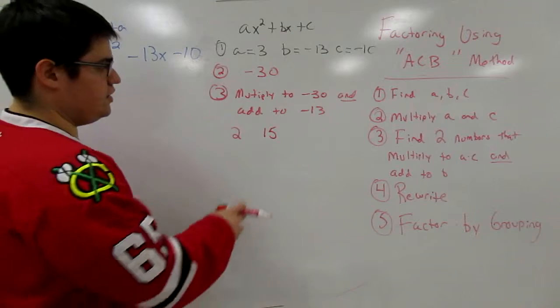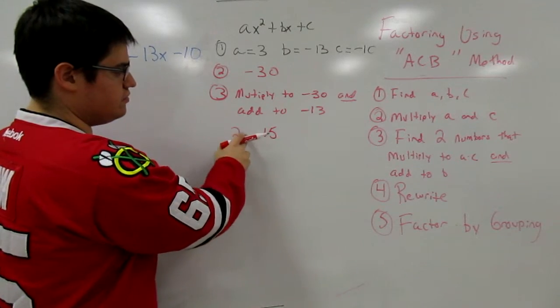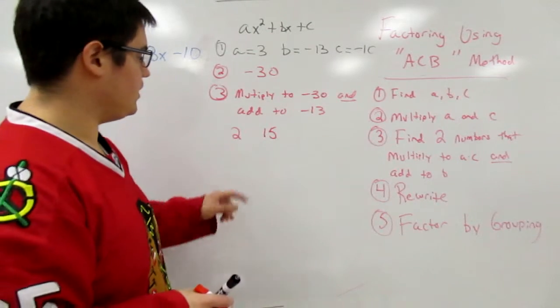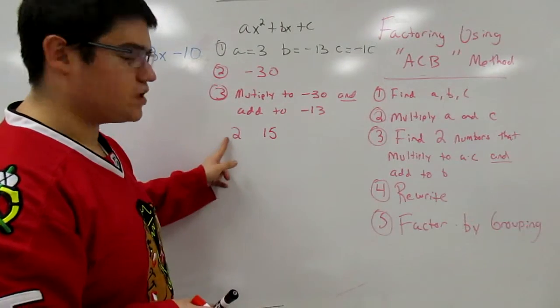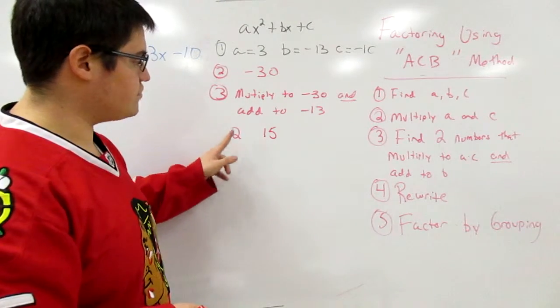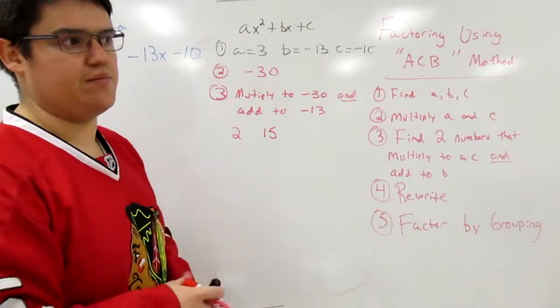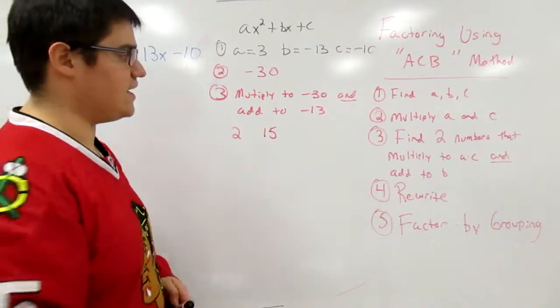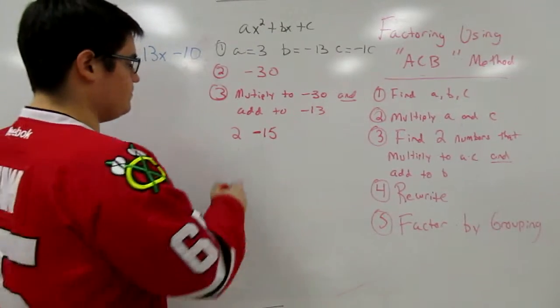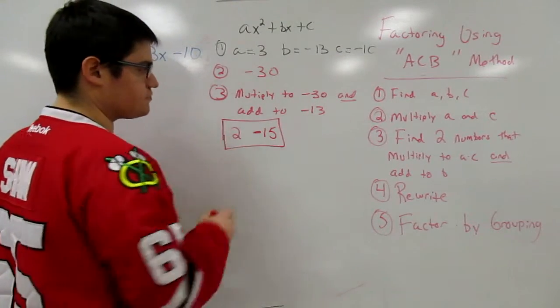Well, negative 15 plus a positive 2 gives me negative 13. That's good. Negative 2 plus a positive 15 gives me a positive 13. That's not a negative. So 15 is the one that needs to be negative. So this is our golden combination.